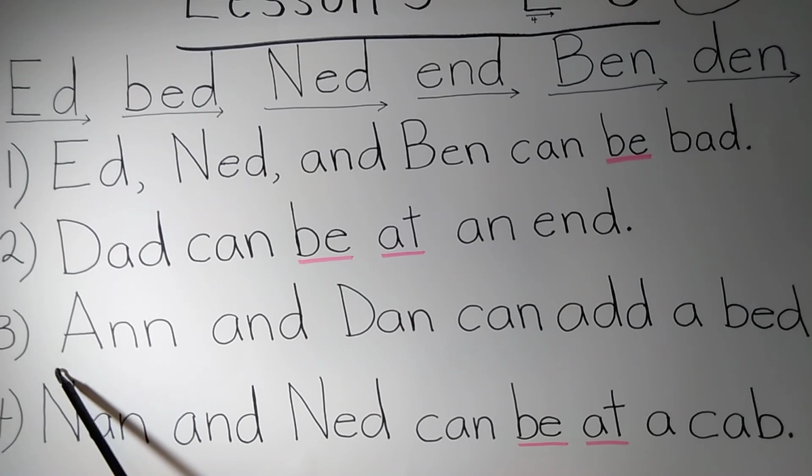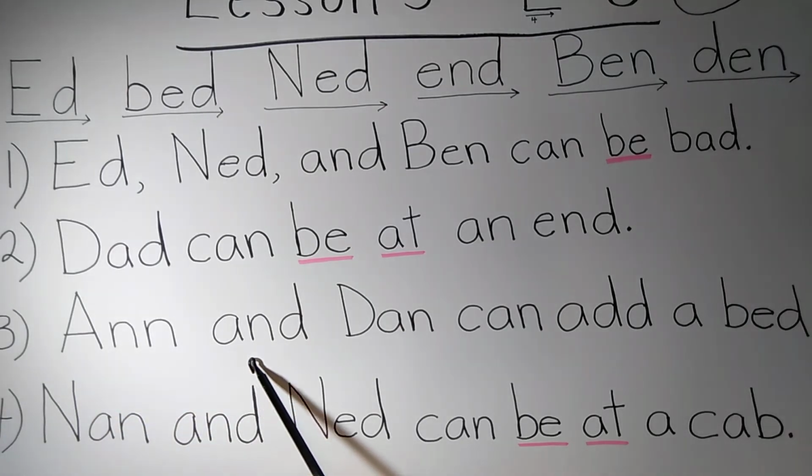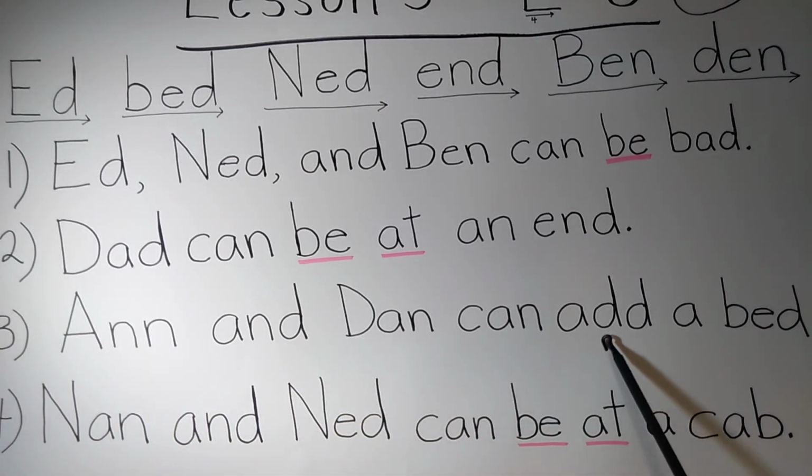Number 3, Ann and Dan can add a bed. It depends on how you look at this. If you're looking at it like they could add a bed to a room, then it's true. But if you're looking at it from the mathematical point, you can add numbers, but not a bed.